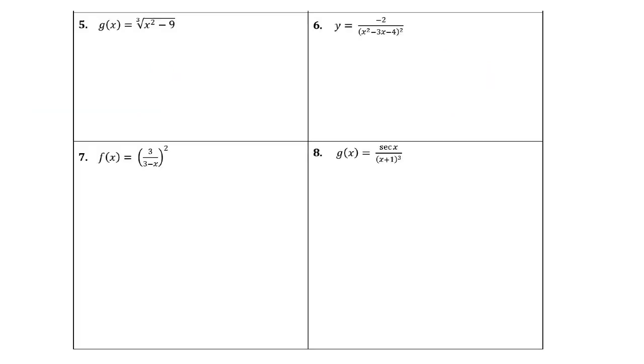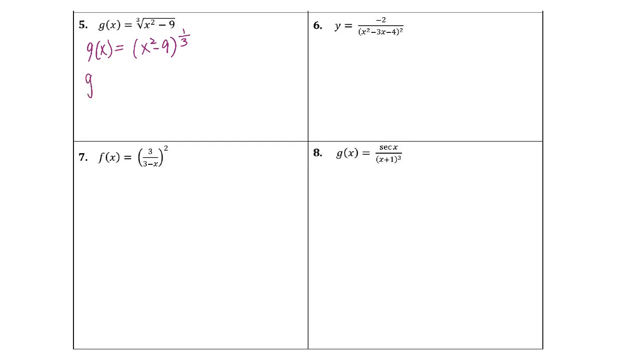Okay, moving on. Again, with these, we do need to rewrite them. And so here we're going to have g at x equals x squared minus 9, all raised to the 1/3 power.